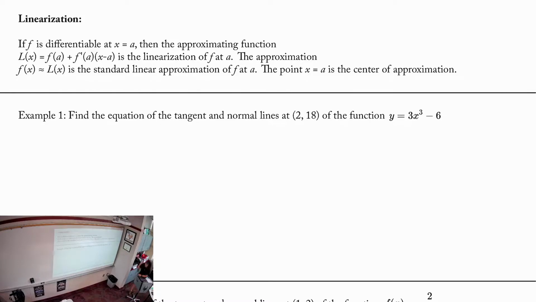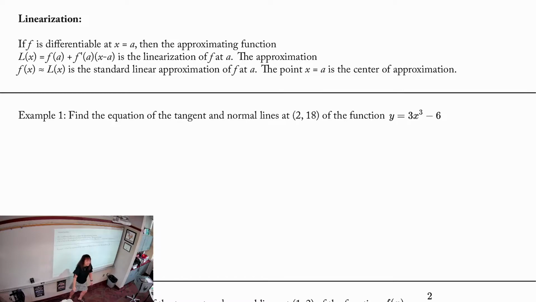Anyway. And then, back to vocabulary. Again, what are math teachers really good at? Changing the names of something for job security. If I keep changing the name, I have to teach you something, right? So, linearization means the exact same thing as the equation of the tangent line.